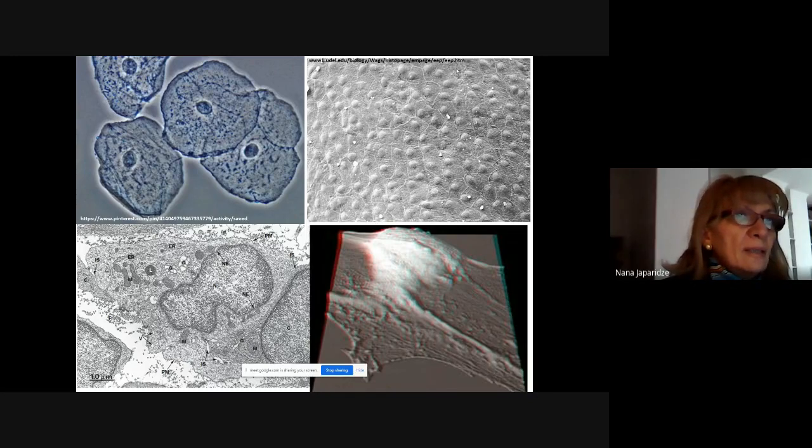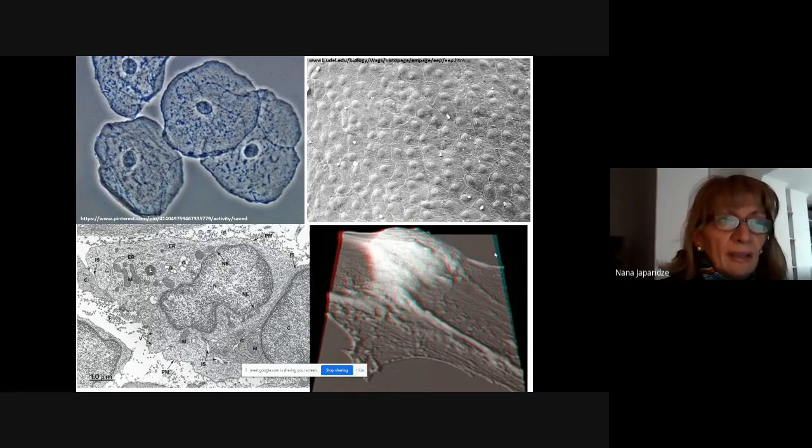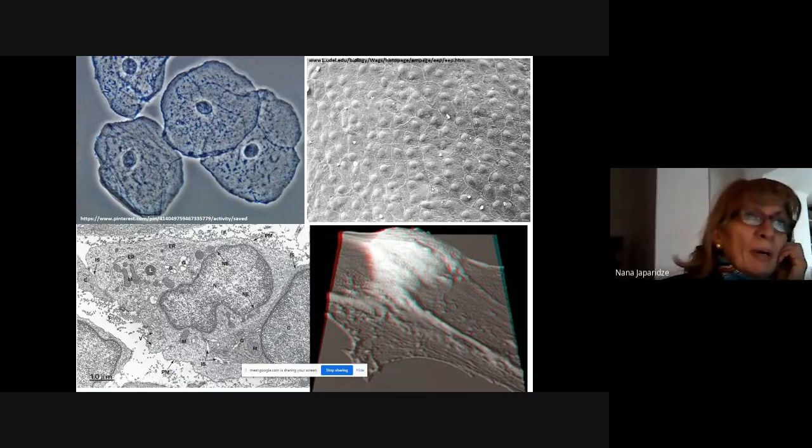This is an image of epithelial cells obtained via scanning electron microscopy. And this is an image of epithelial cells obtained via atomic force microscopy. About these two methods, you see that they are three-dimensional.